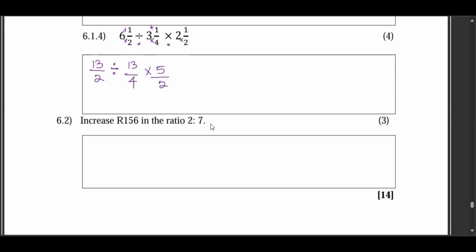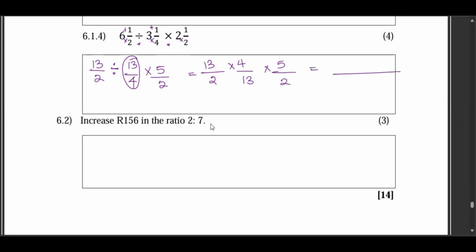So what happens first? This is going to change if you look at division. So it's going to be 13 over 2 times 4 over 13. Why am I changing like this? Because the division sign turns into a multiplication. Then the multiplication remains. Now everything is multiplication.